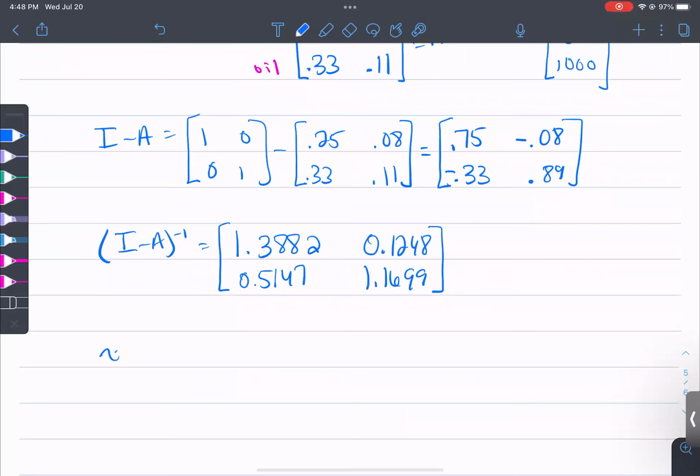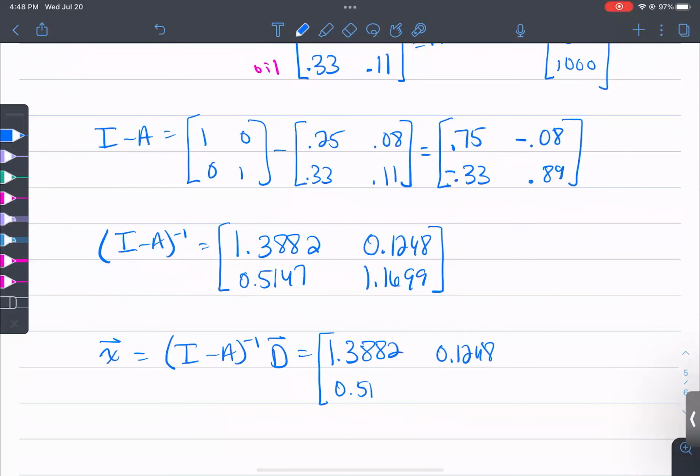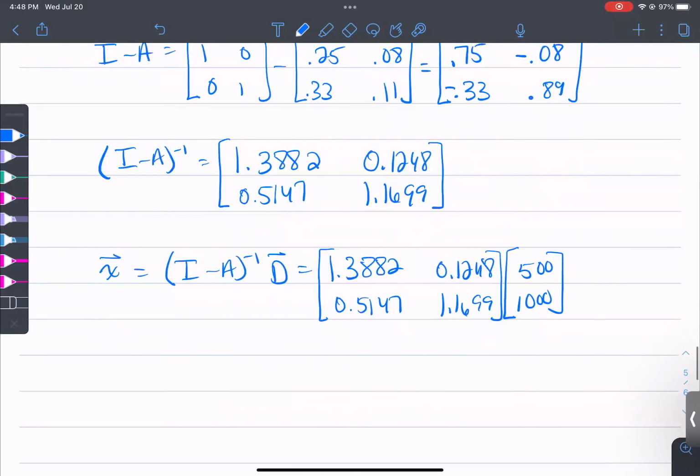And then our production matrix is equal to that inverse times our demand matrix. So that I minus A inverse matrix times the demand of 500 and 1,000. If you multiply those in your calculator, you will get 818.91 and 1427.23.